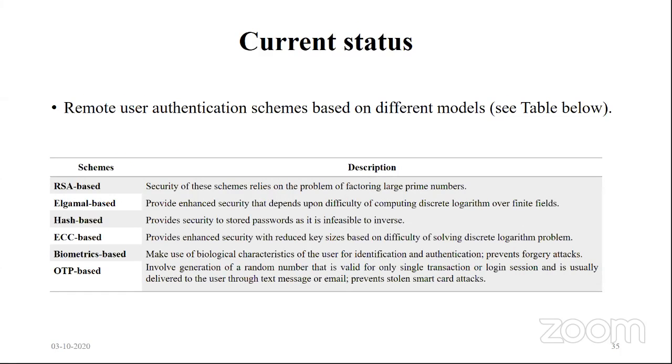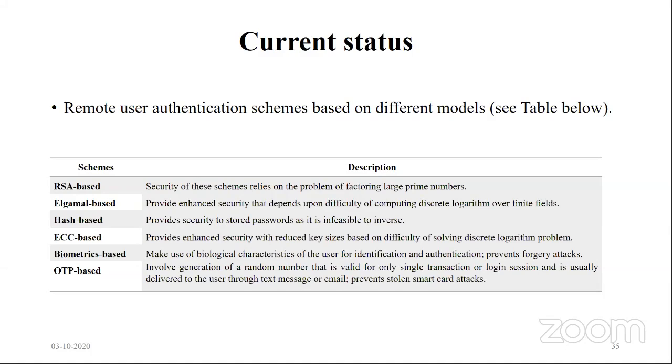So I will try to introduce the available remote user authentication schemes based on different models, starting from RSA-based schemes, in which the security of the scheme is dependent on the problem of factoring large prime numbers. The underlying mechanism involves choosing a large prime number that cannot be factored in polynomial time.